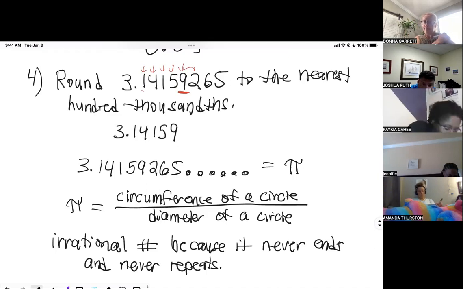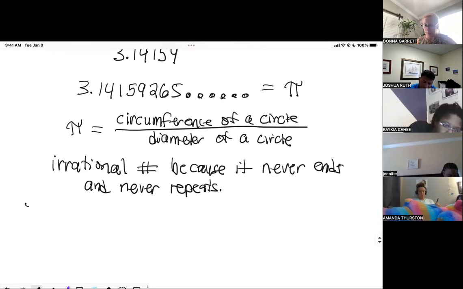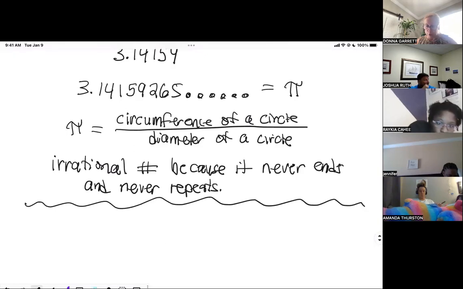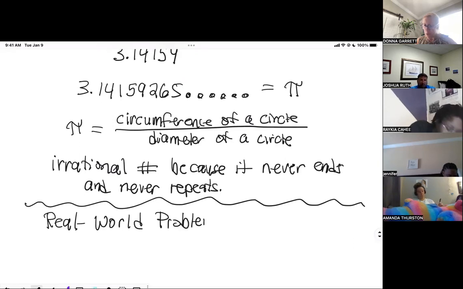One last thing about decimals before we actually start adding and subtracting them is very important when you do a real world problem with money. It's going to sound like common sense, but you're going to fall for it if you're not careful.